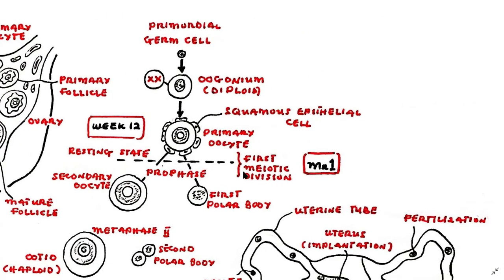Oogonia begin oogenesis by entering meiosis 1 in week 12 of embryonic development. During meiosis 1, the cell is known as the primary oocyte, and it is surrounded by a thin layer of squamous epithelial cells. The primary oocyte at this stage is developmentally arrested in prophase of meiosis 1.